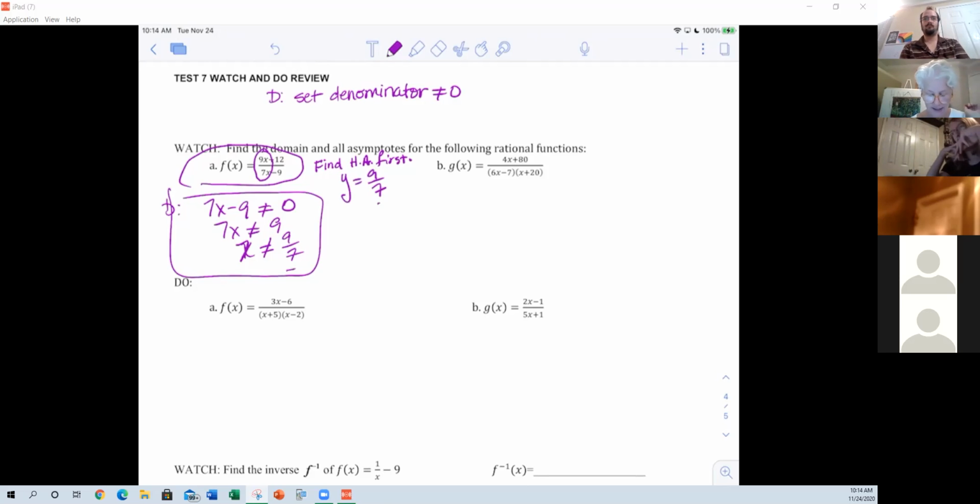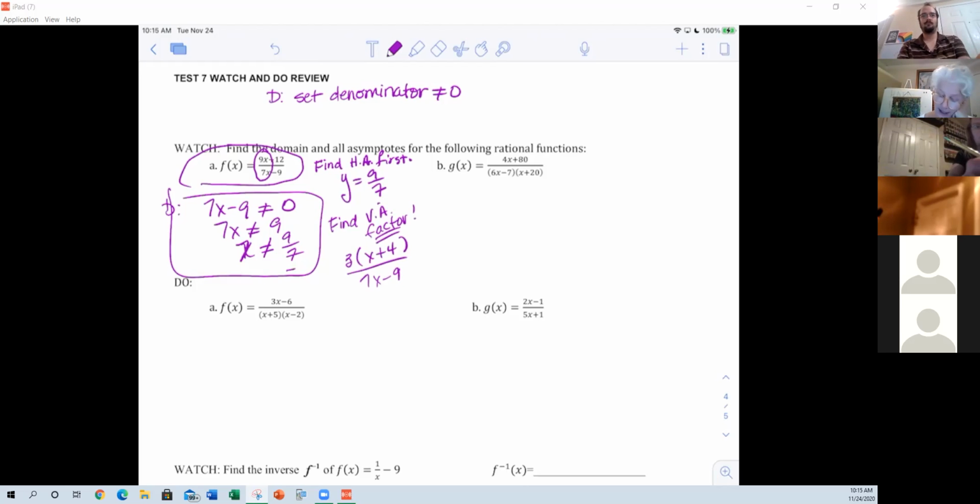So now to find the vertical asymptotes, we have to make sure everything is factored. That's going to give me 3 times x plus 4 over 7x minus 9. Will anything cancel? If nothing will cancel, then don't worry about it. If something will, then you want to cancel it, and if something cancels, that's not going to be a vertical asymptote because that'll be a hole.